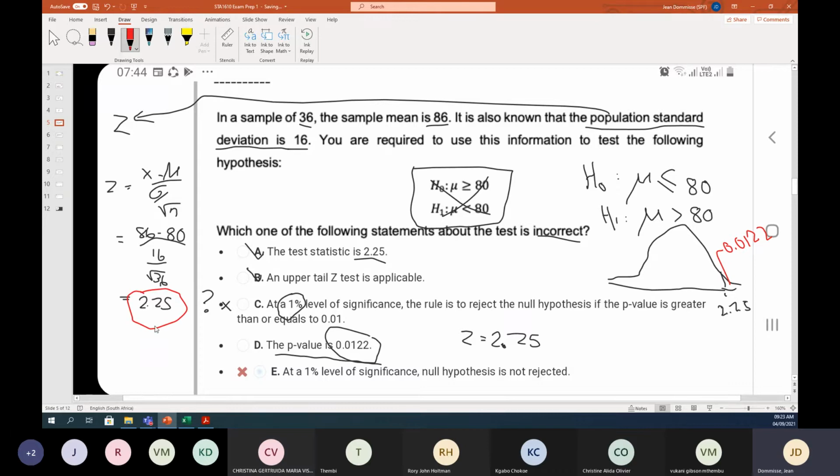So if we had looked at that value in your Z table, we would have gotten that, because that is linked to that. Sorry, I was looking at question C and not actually understanding what I was doing. So we still need to get the 1% to get your critical value.